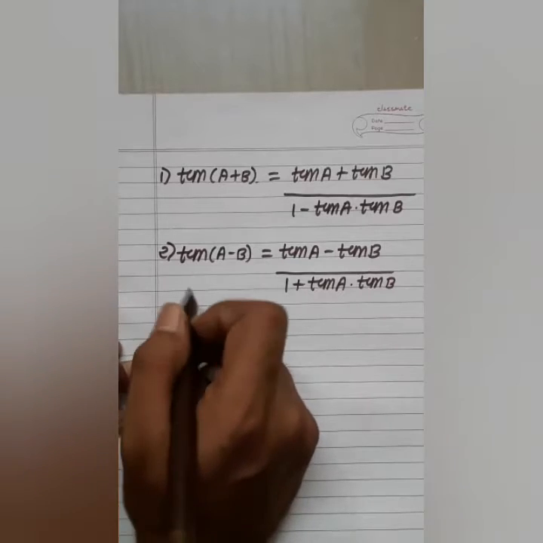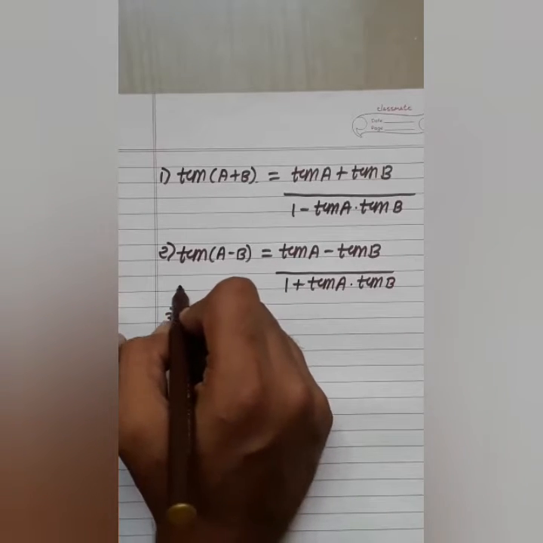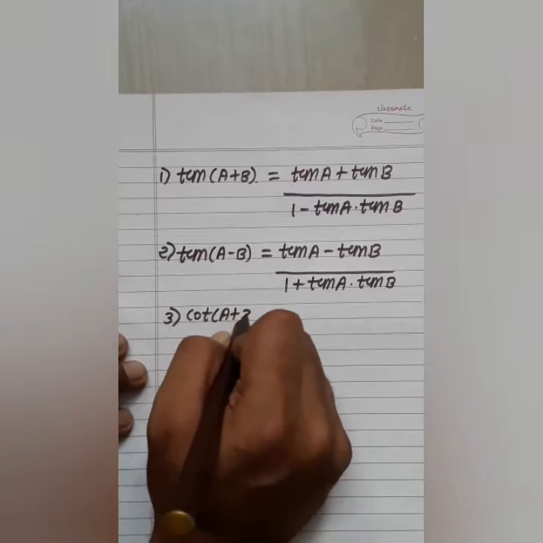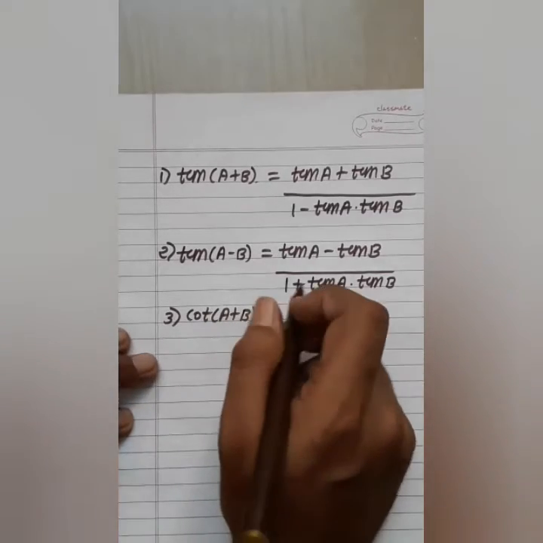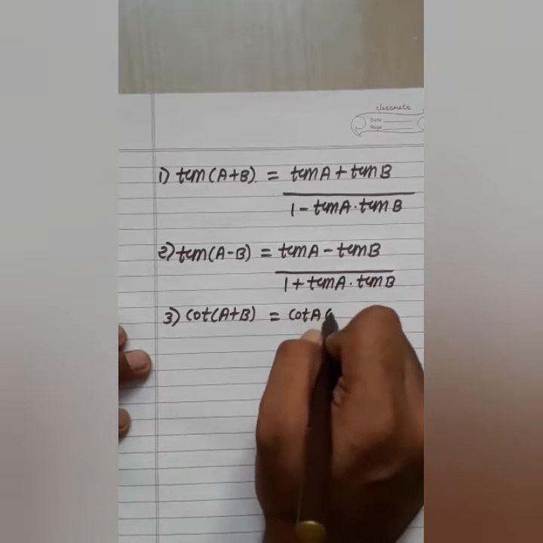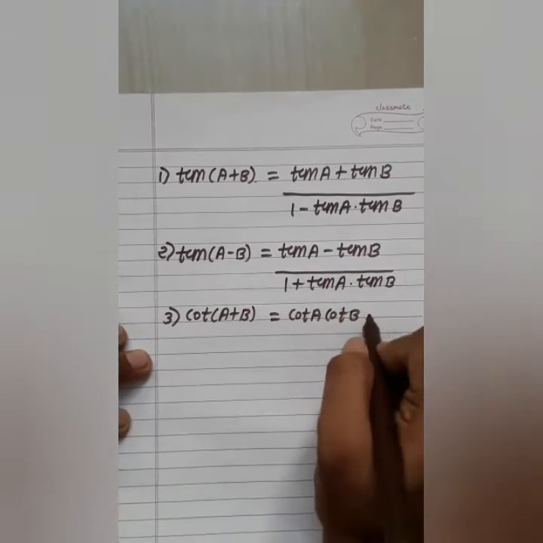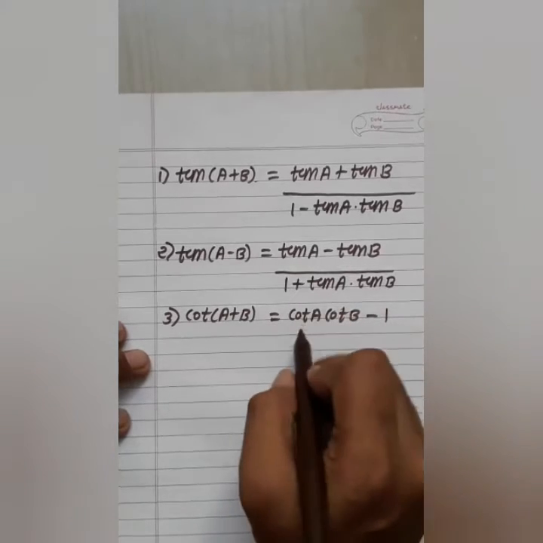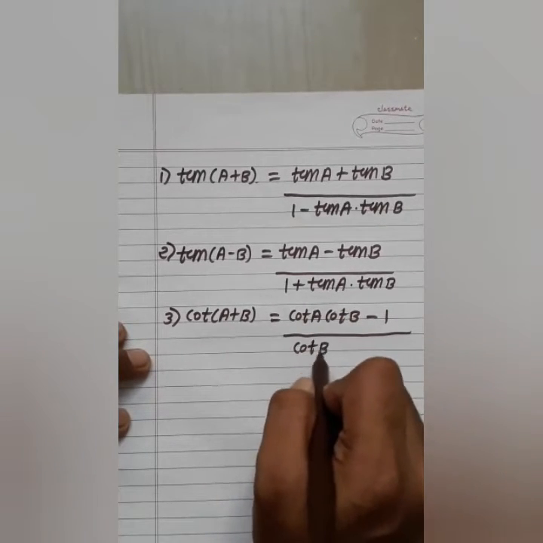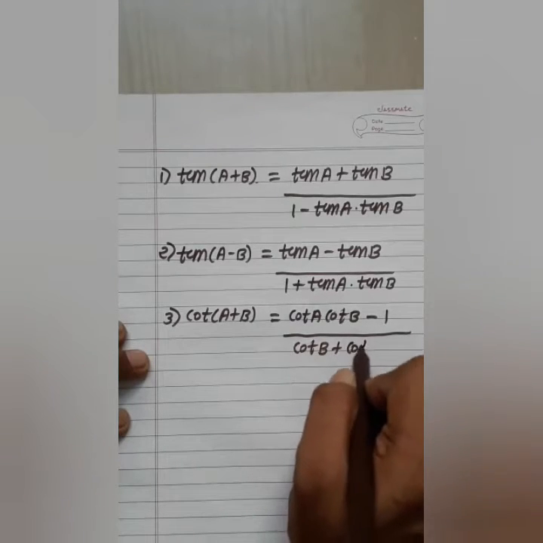Third formula: cot(A+B) is equal to (cot A cot B minus 1) upon (cot B plus cot A).